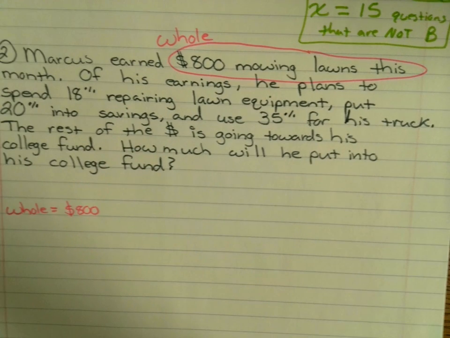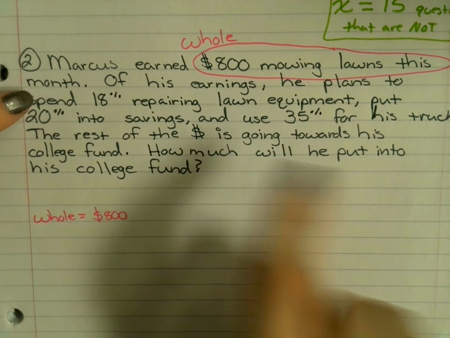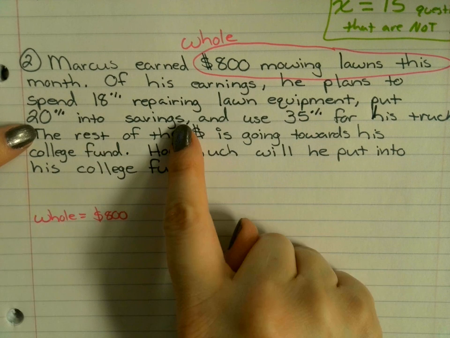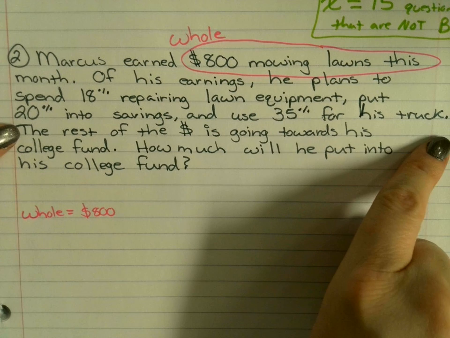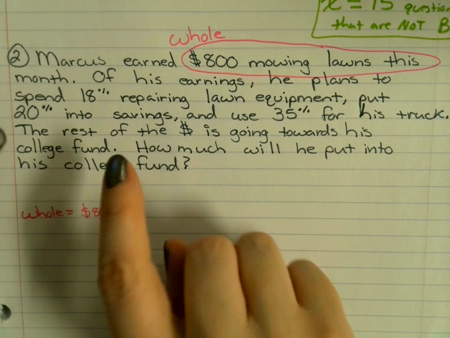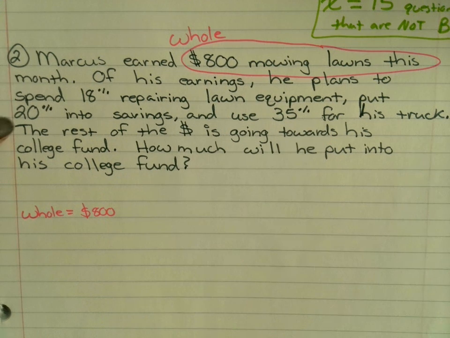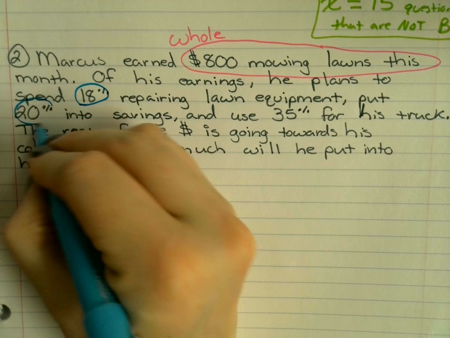Now, of his earnings, he plans to spend 18% repairing lawn equipment, 20% putting money into savings, 35% to work on his truck, and then the rest of it is going to go into the college fund. So to figure out what percentage goes into the college fund, I just need to take each one of these percentages and subtract it from 100%.